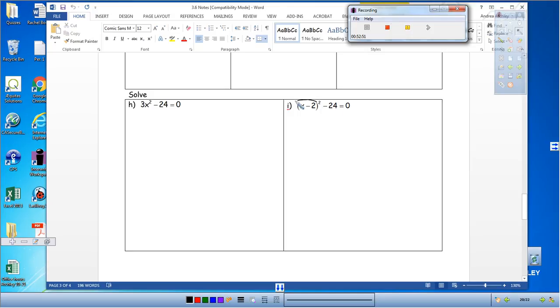Again, I need to get that x squared by itself. So the x minus 2 is all squared, so I have to isolate that whole thing. I'm going to add the 24 to both sides. I need to get x minus 2 squared, and it equals 24.